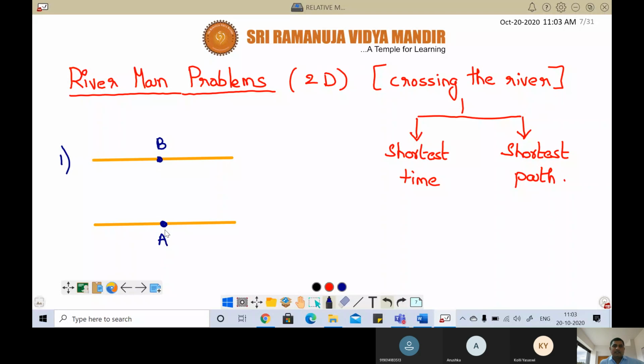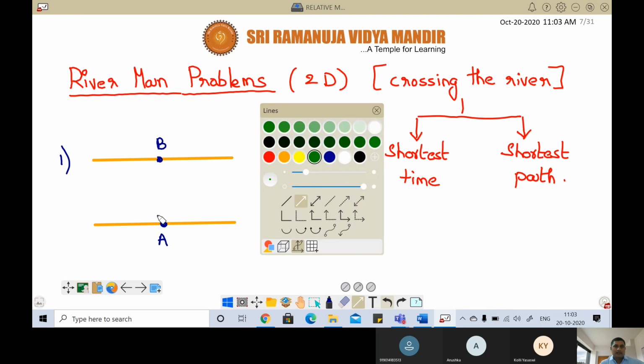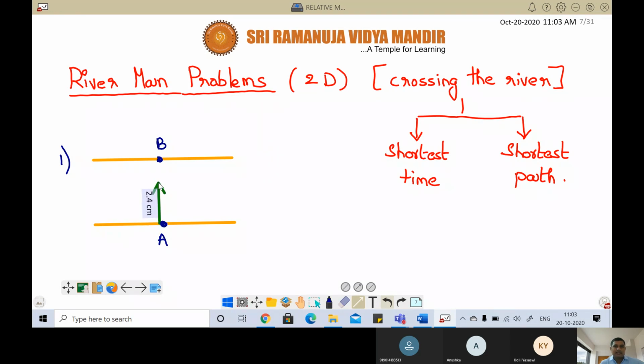In which direction? Suppose he puts his effort in this direction, and of course there is river velocity here, toward the right side.